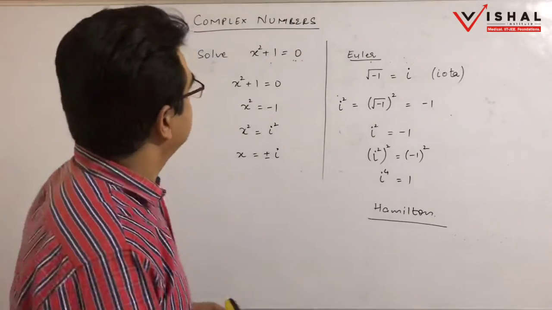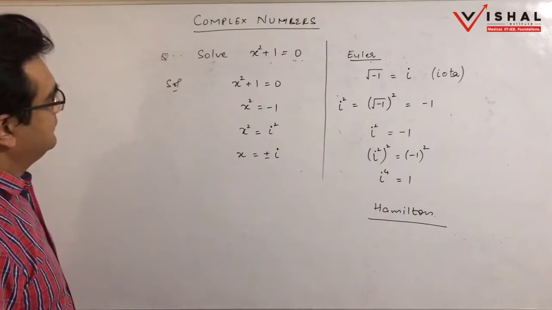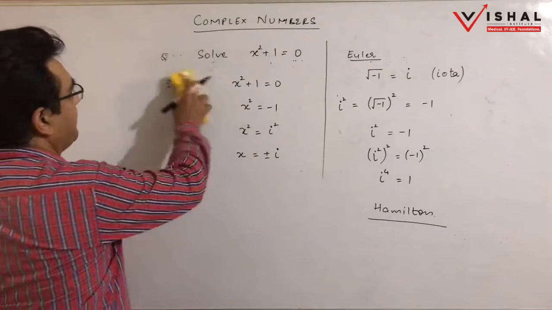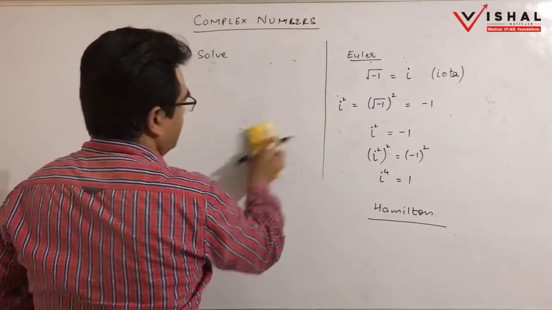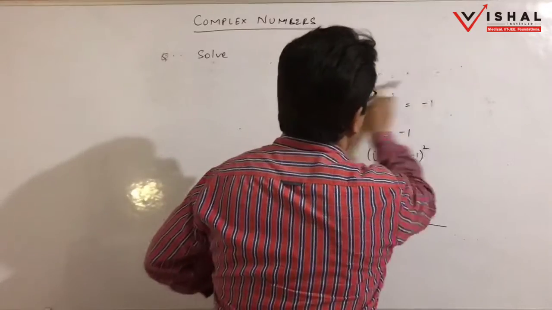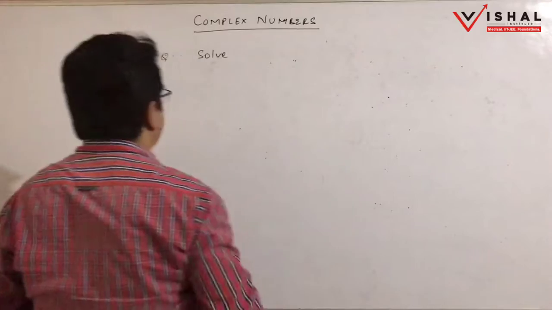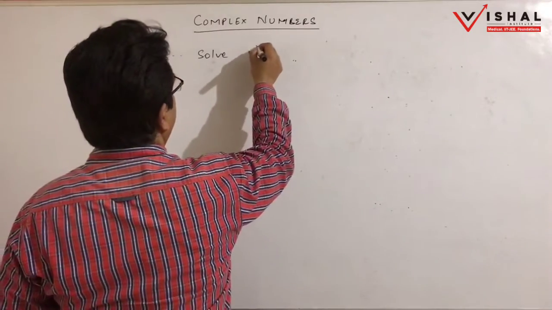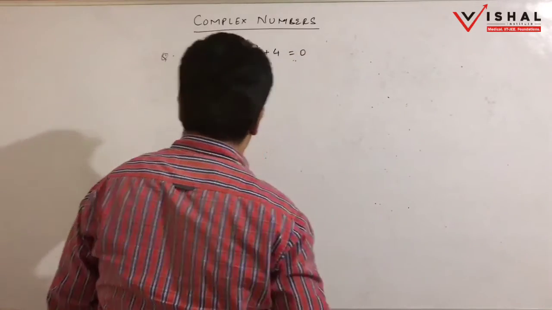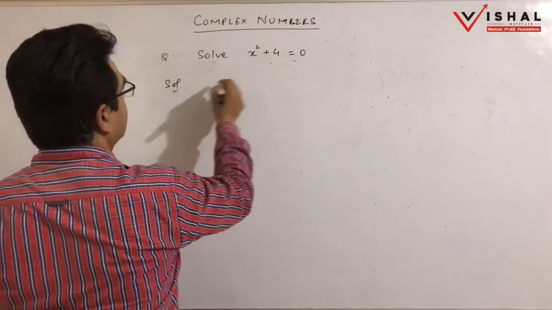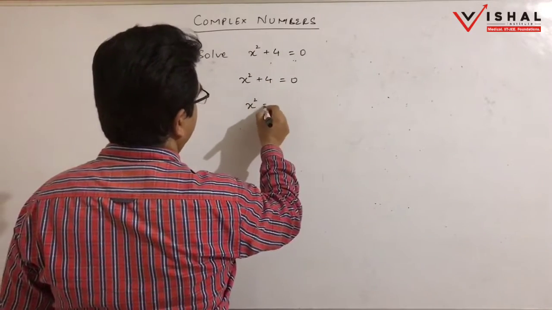So now, let's take one more example. If we have to solve x square plus 4 equal to 0, again we will write x square plus 4 equal to 0. x square is equal to -4.